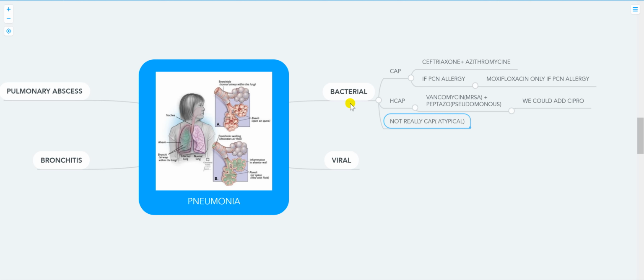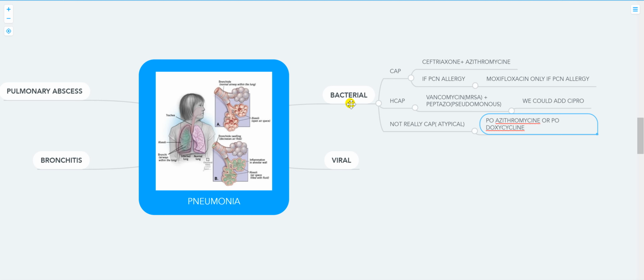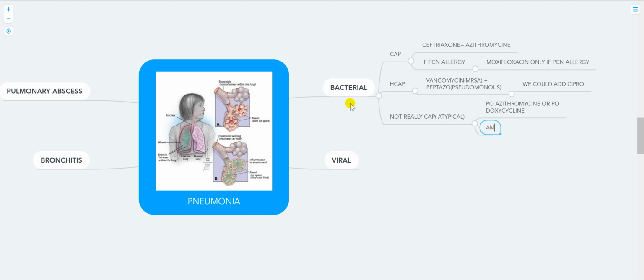It's not like the bacterial community acquired pneumonia with the big organisms. So for this one, we just do oral azithromycin, or oral doxycycline, or you can even do amoxicillin. This is the atypical pneumonia.